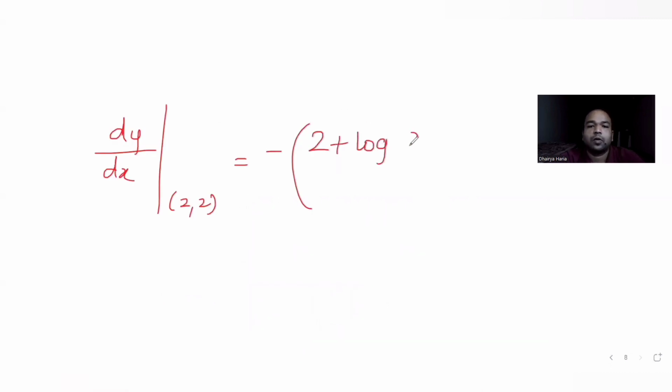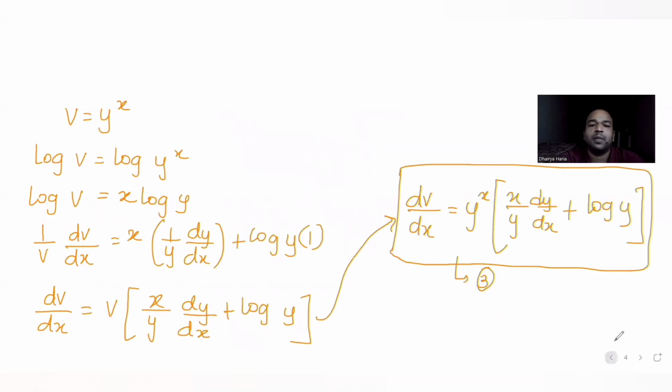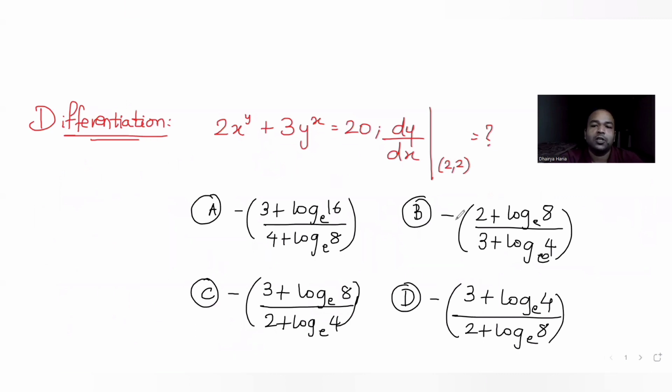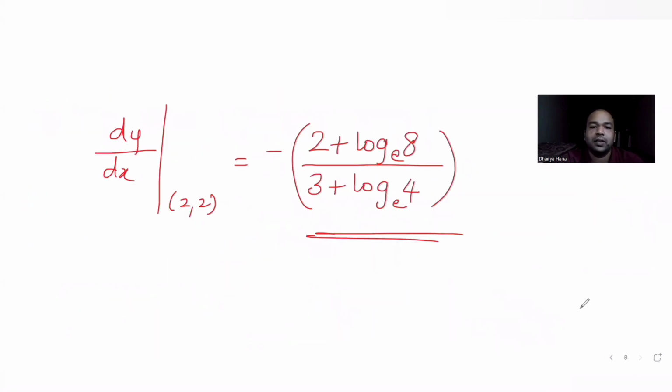So you get dy by dx at 2 comma 2 as minus 2 plus log 8 to the base e upon 3 plus log 4 to the base e, right?